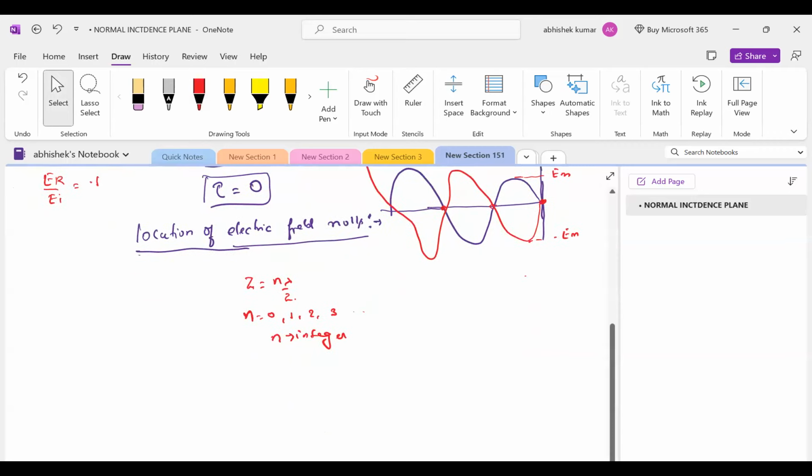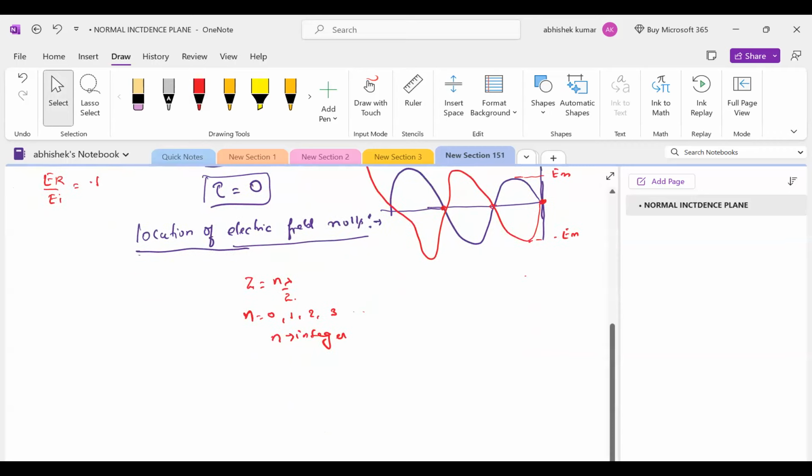And this is the location of magnetic field nulls. Here again, m can be 0, 1, 2, and so on.